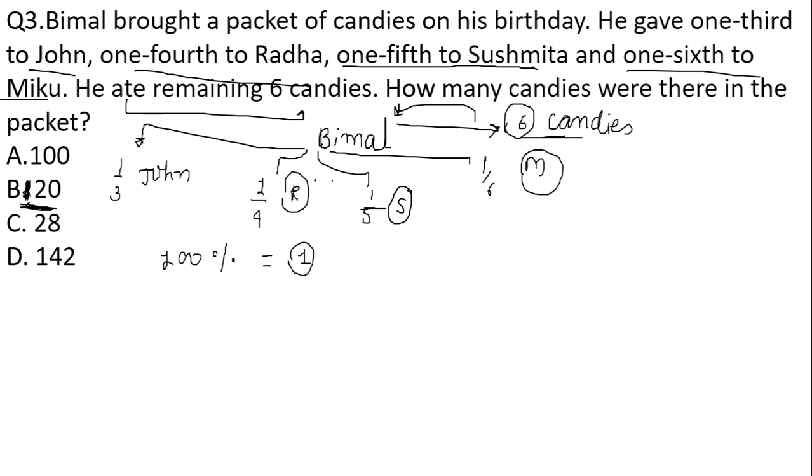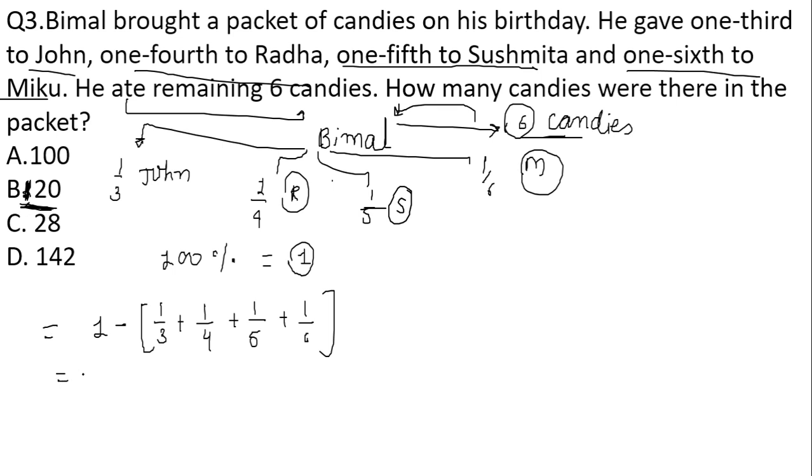Now from this 1 unit we are going to subtract the quantity distributed to John, Radhika, Sushmita and Miku. Am I right? So I have subtracted the quantity distributed from 1 unit.